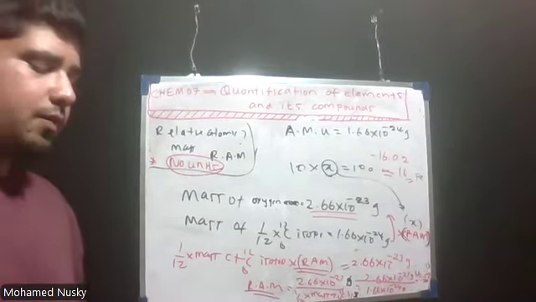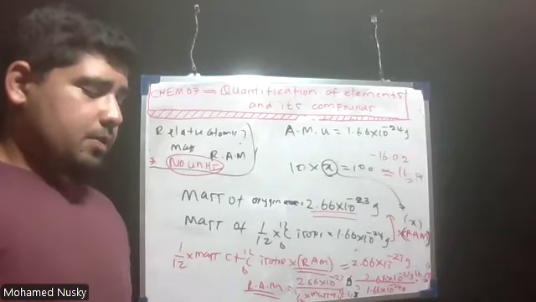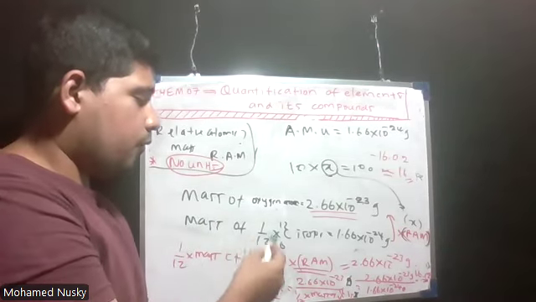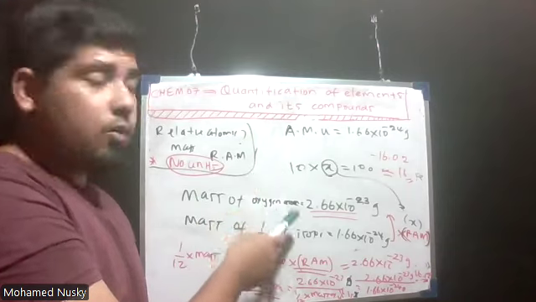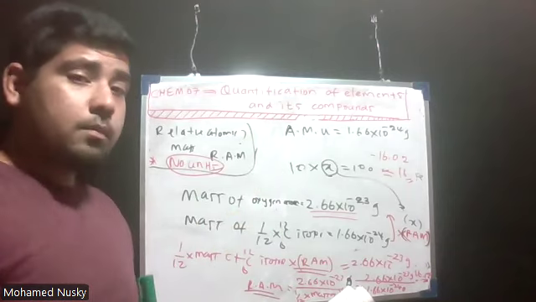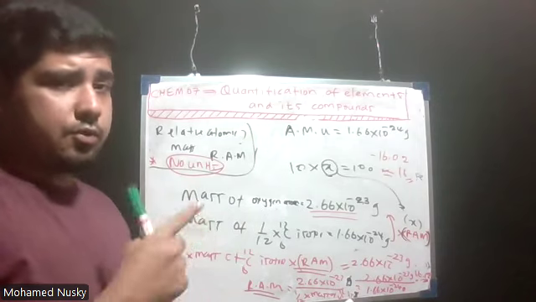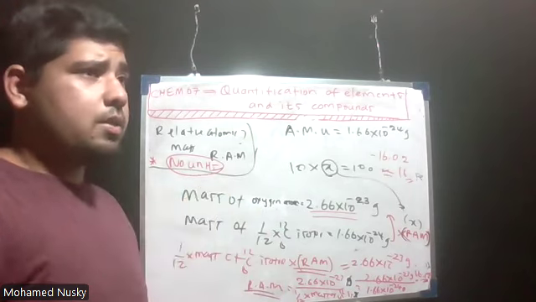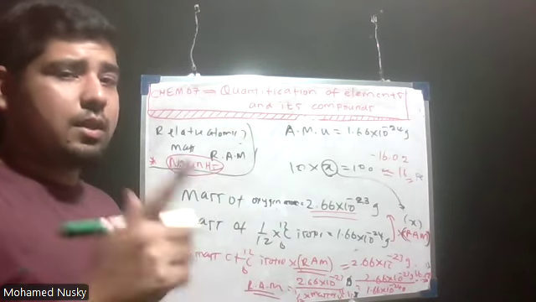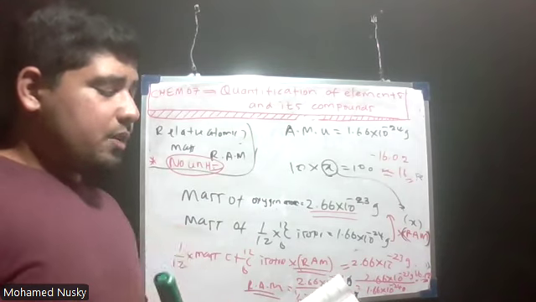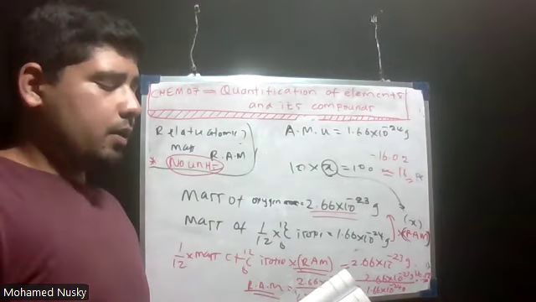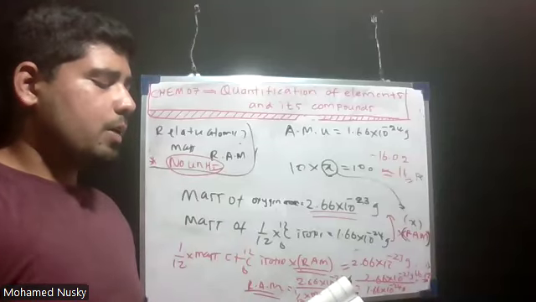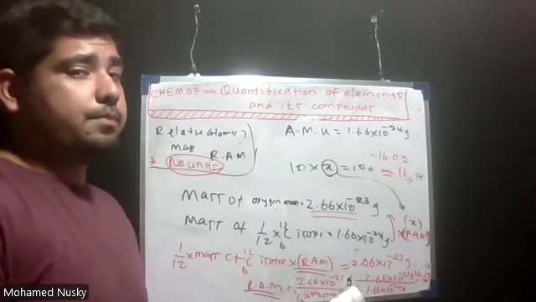What is the definition of relative atomic mass? How many times an atom of a given element, in this case the mass of an oxygen atom of the oxygen element, weighs as much as 1 by 12 the mass of carbon 12 isotope is the relative atomic mass of that element.